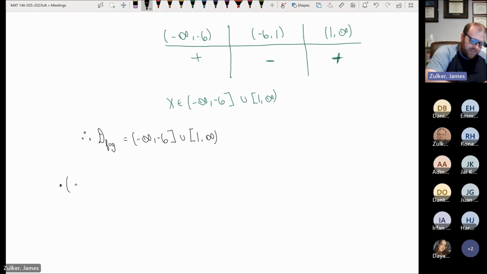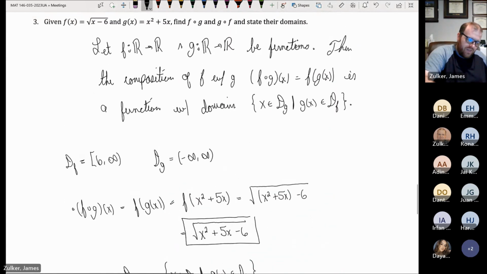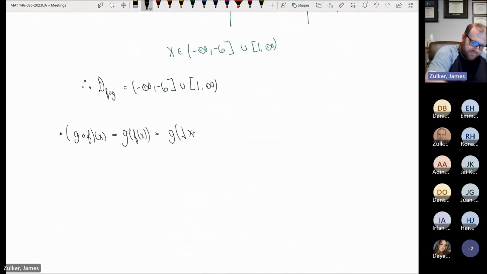We also wanted g composite with f. This is g of f of x. Right? g of the square root. What was f? Square root of x minus 6. Right?